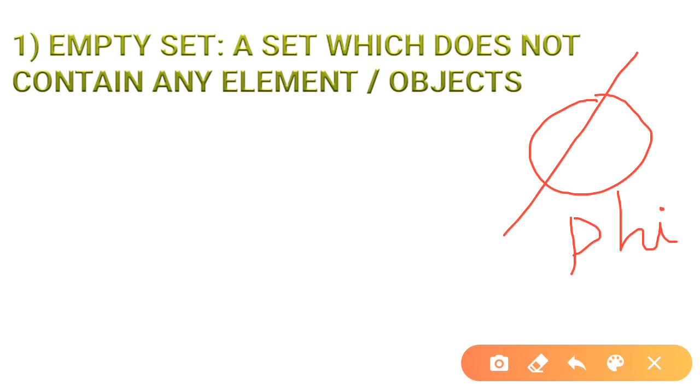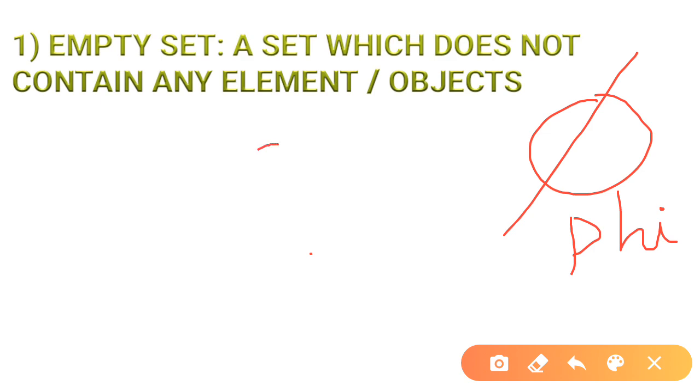So what about the empty set? Empty set means empty only. Empty set means the set which does not contain any elements or objects.